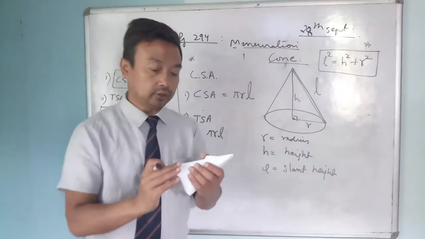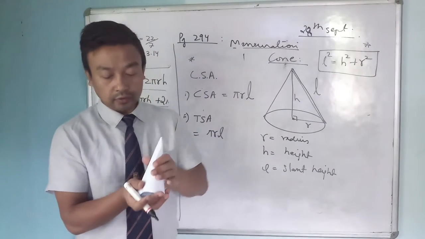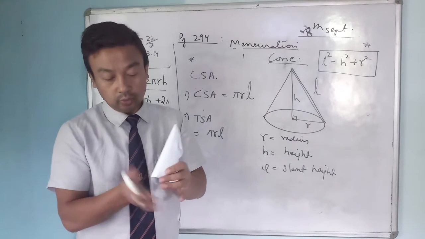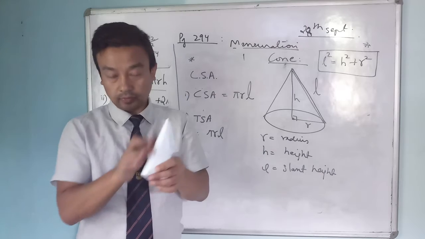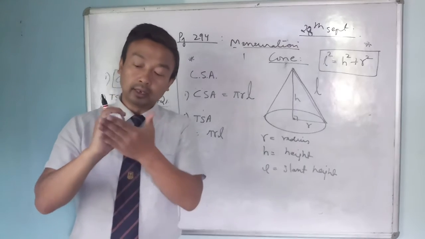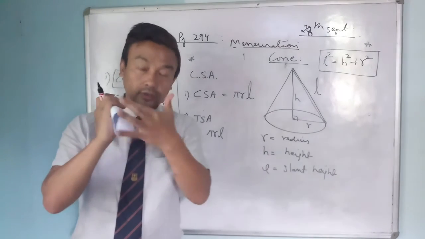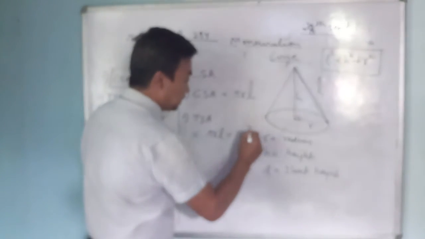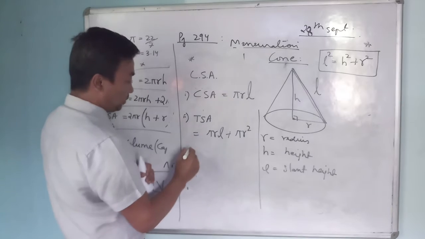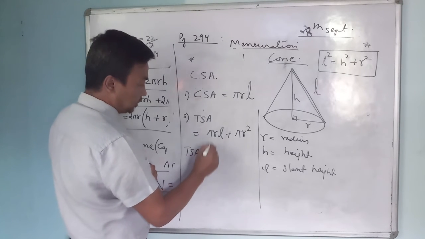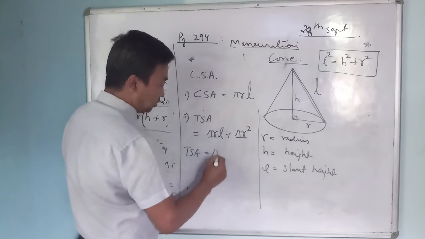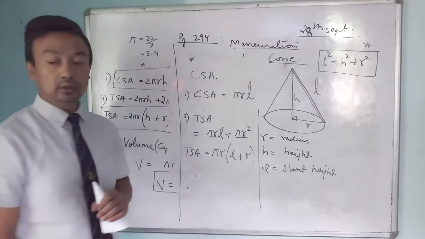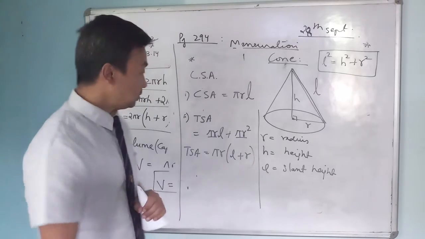See here, it is like this. Curved surface area is only for the surface. Okay, so since we have a slanting height here, L, we are taking it as pi RL, and in the cone there is only one circle, one base. So plus the circle is pi R square. So from here, the total surface area is pi R, you can take common, L plus R. So this will be your total surface area.